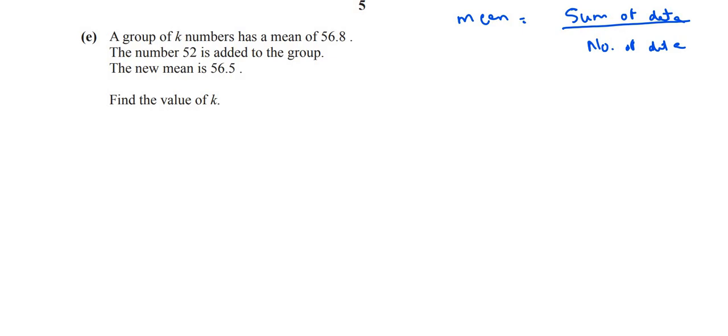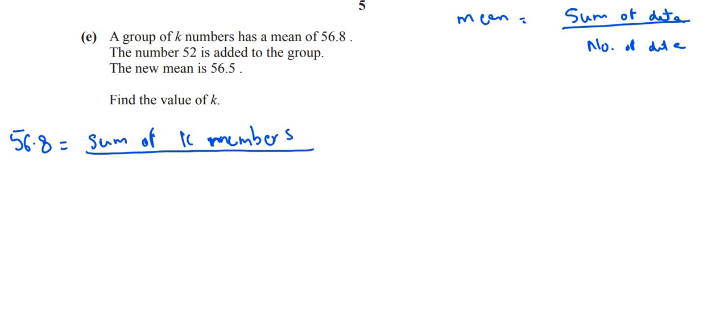So it says a group of k numbers has a mean of 56.8. So this means 56.8, which is the mean, is equals to sum of data, sum of k members, upon divided by how many people are in the group? It's a group of k people, so number of data is k. That's the first equation.